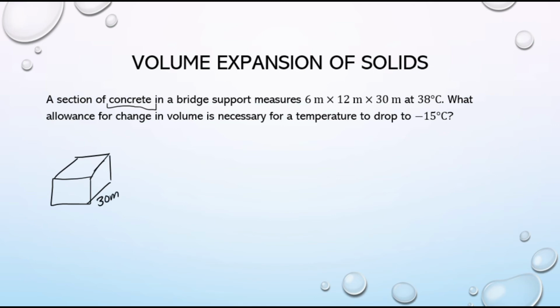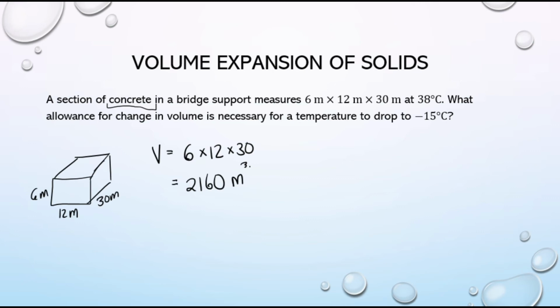Let's give this 30 meters. Let's give this, oh good lord, 6 meters, and give this 12 meters. So our original volume will be 6 times 12 times 30, which is going to be 2,160 meters cubed, 3 dimensions.